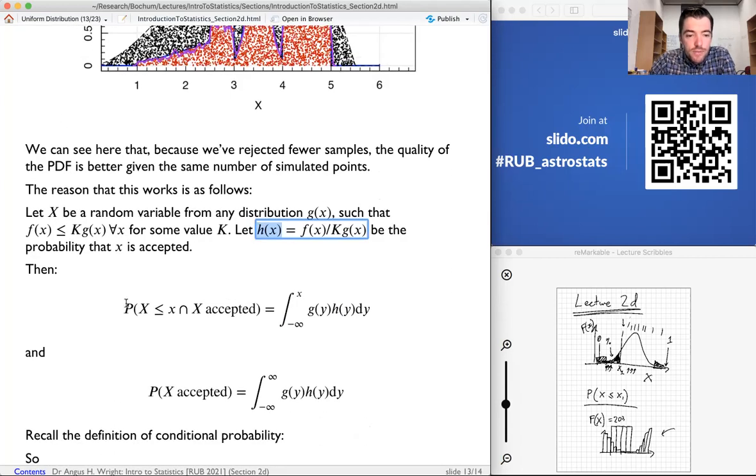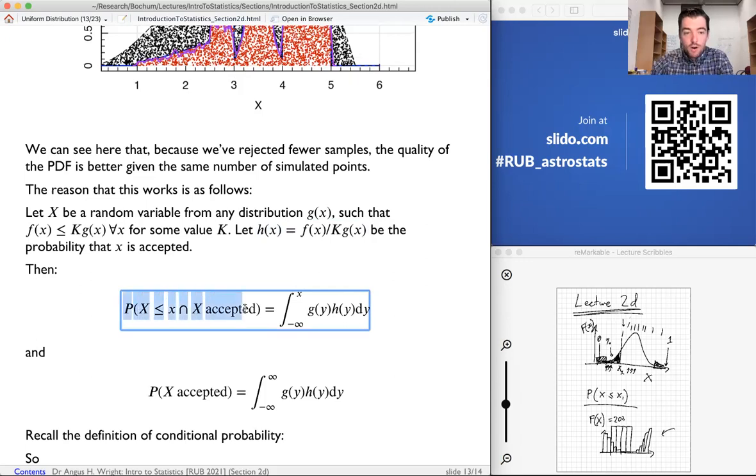We then know that the intersection of the probability or the cumulative distribution of x being less than some value, this is the cumulative distribution function, and x being accepted is just the integration from -infinity to x of our CDF times the acceptance rate.